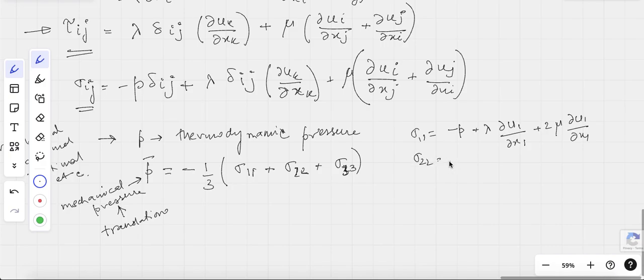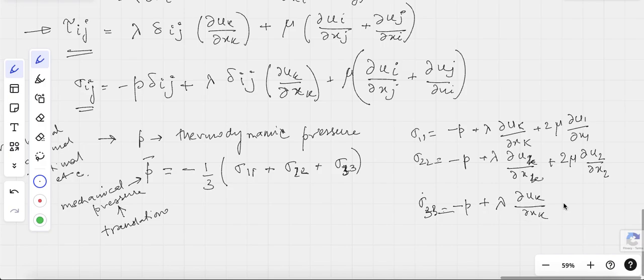Sigma 22 in a similar way is minus p plus lambda du2 by dx2 plus twice mu du2 by dx2. Actually this will be k only, because only i and j we are changing, k is constant. Sigma 33 is equal to minus p plus lambda duk by dxk plus twice mu du3 by dx3.